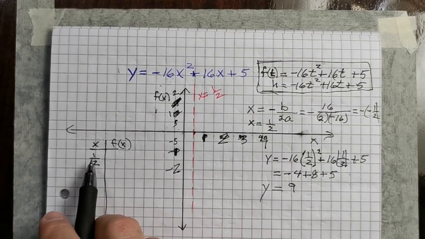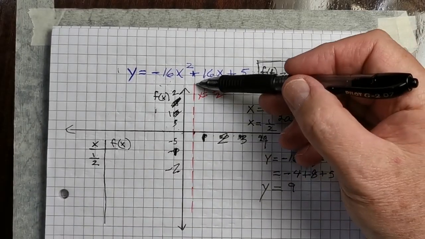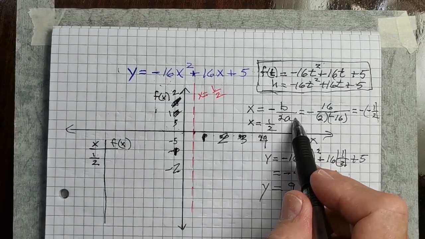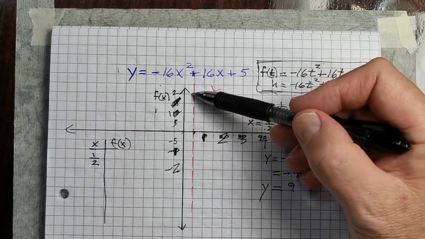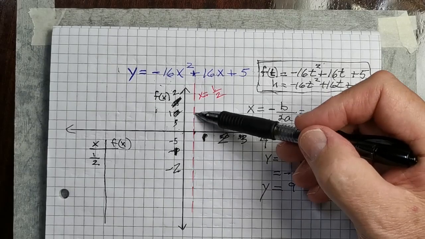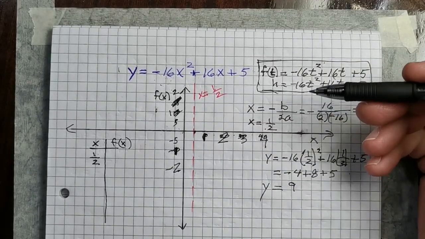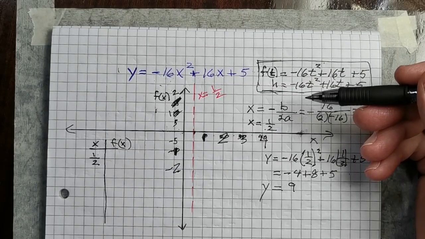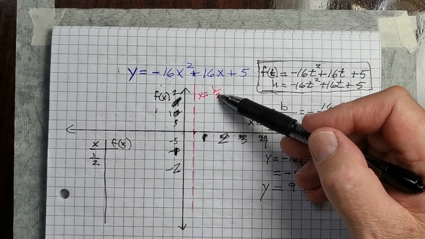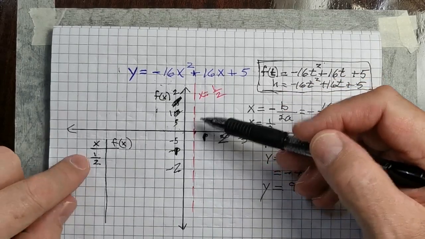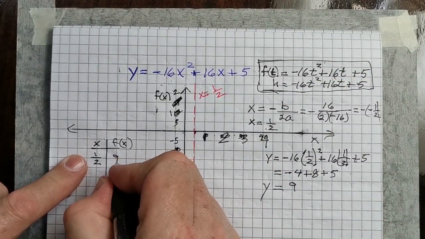When I chose x equals a half, I knew that that is the line of symmetry. We solved minus b over 2a, and I got a half. The vertex must lie on the axis of symmetry, and I would like to know where the vertex is. So that's why I used x equals a half, because I know the vertex is on this red line. So if I use x equals a half, I got out 9.